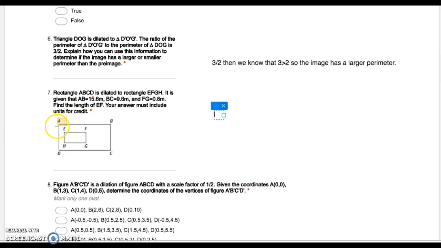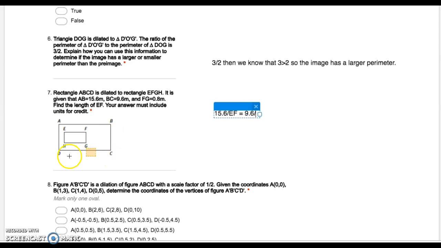So we know that this AB here is 15.6. And I am going to put that over the corresponding side EF in the dilation. And I'm going to set it equal to something we know. We know BC, which is 9.6.